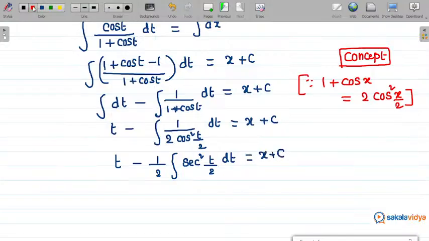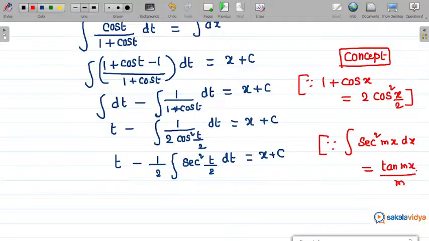See my dear students, integral of secant square x dx or secant square mx dx is equal to tan mx upon derivative of mx, that is m, plus constant of integration. Similarly, here integral of secant square t by 2 is tan t by 2 upon 1 by 2. 1 by 2 means 2 you will be getting here.